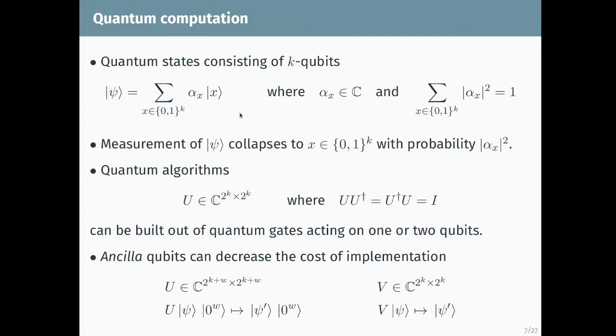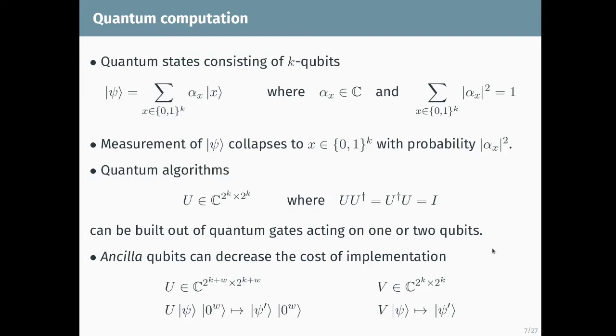Now in particular, each quantum state can be thought of as a vector, a complex vector of dimension 2 to the k. Hence quantum algorithms can be thought of as unitary matrices of dimension 2 to the k by 2 to the k. And these quantum algorithms can be built out of smaller gates or smaller unitaries acting on 1 or 2 qubits.